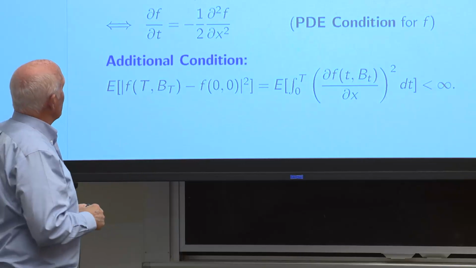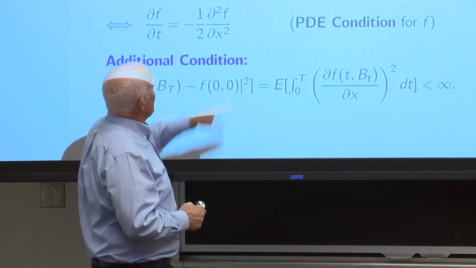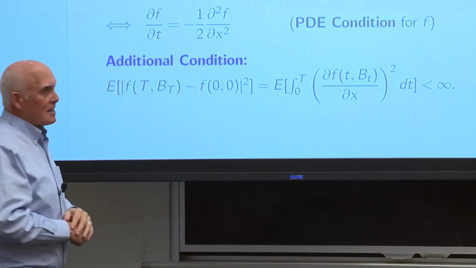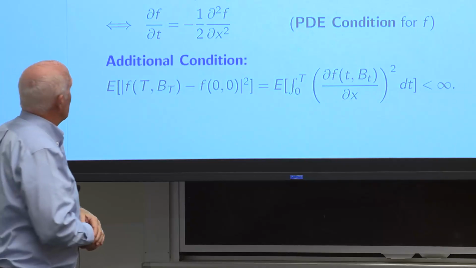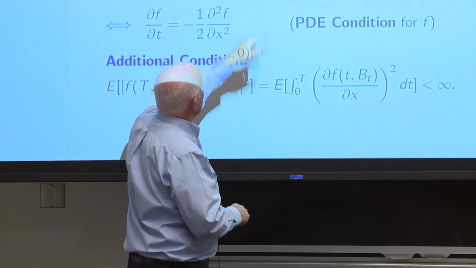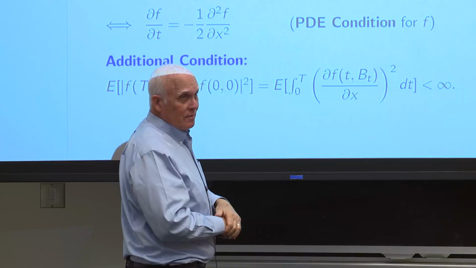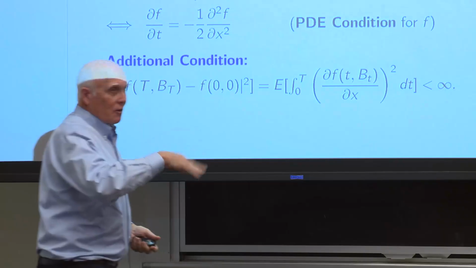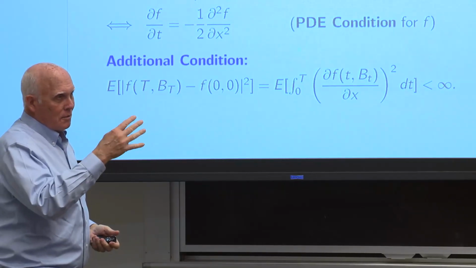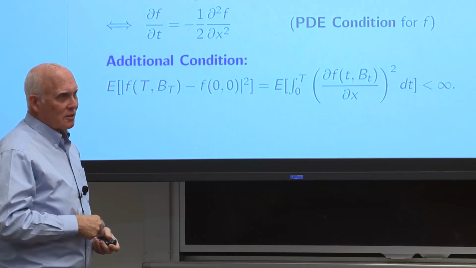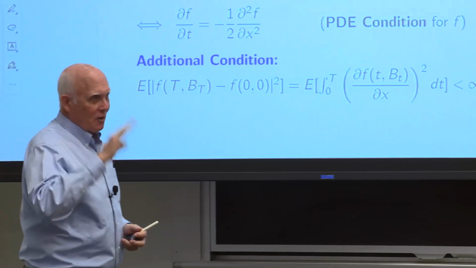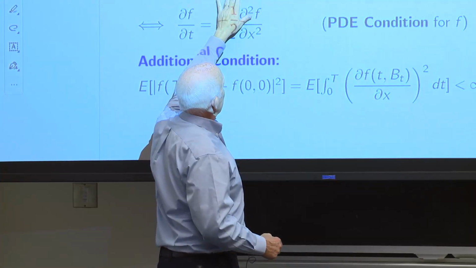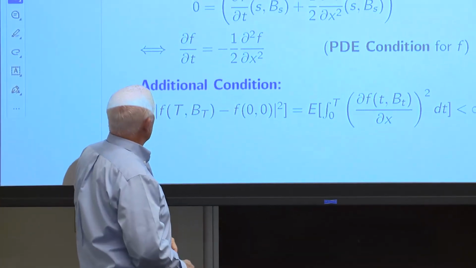And with this notation for the value of little f, what's important to notice is that if the argument in the time integral is equal to 0, then this will be a martingale, because the second term is an integral of terms times increments of the Brownian motion, and the increments of the Brownian motion all have expectation equal to 0. So we'll have the possibility of this function being a martingale if that's true.